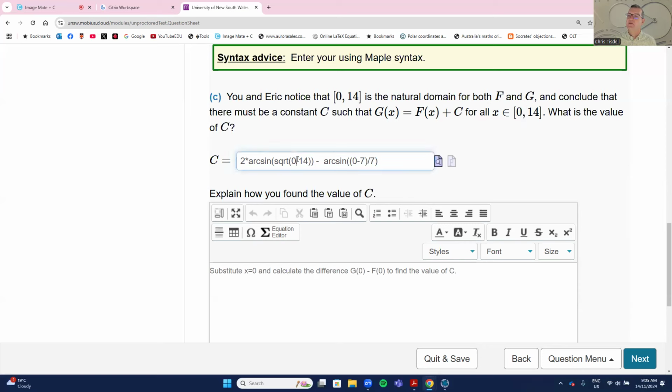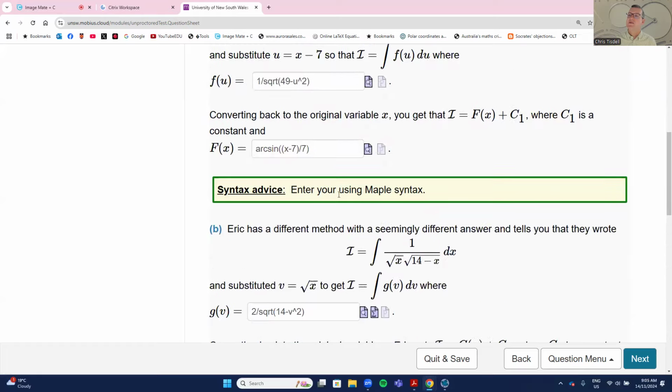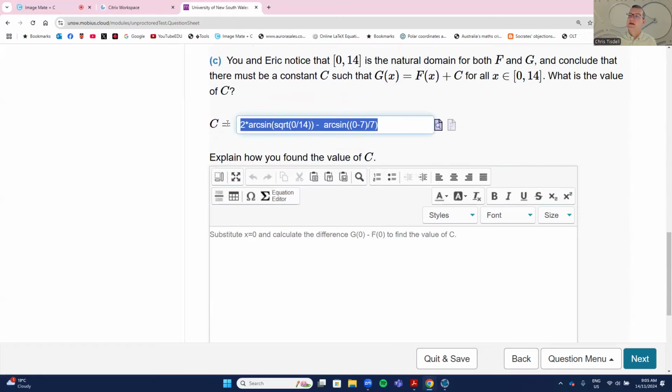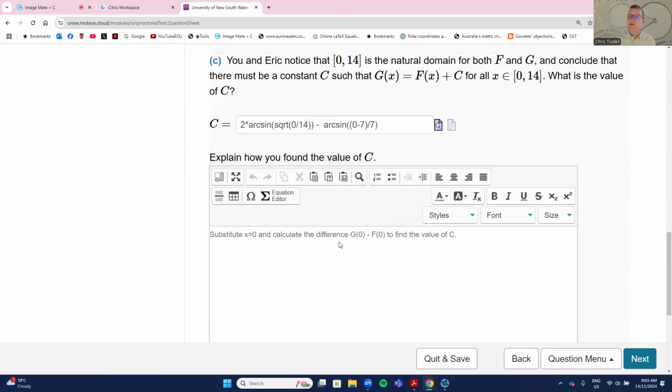I've taken the simplest one: c is just this evaluated at x equals 0 minus this at x equals 0. I've done that here. Now, Maple can't simplify that, but it doesn't matter because it's still the correct answer.